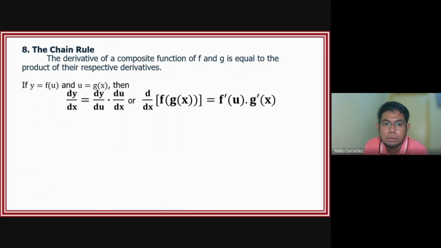Then next rule, chain rule. So the derivative of a composite function of f and g is equal to the product of their respective derivatives. Ayun. So, general power rule is chain rule. Di ba?